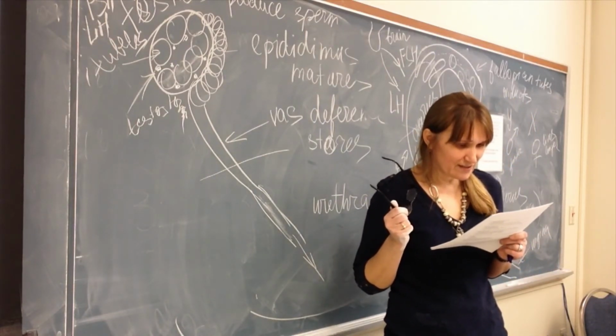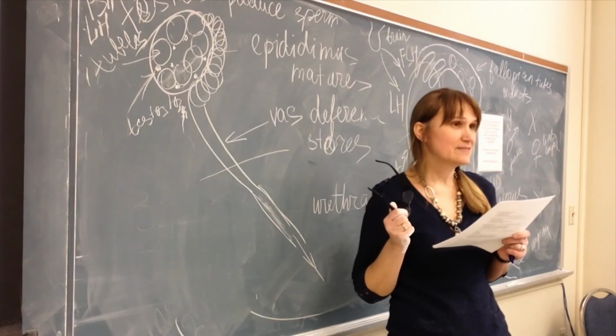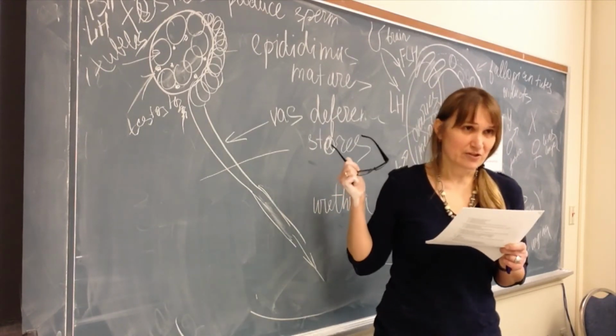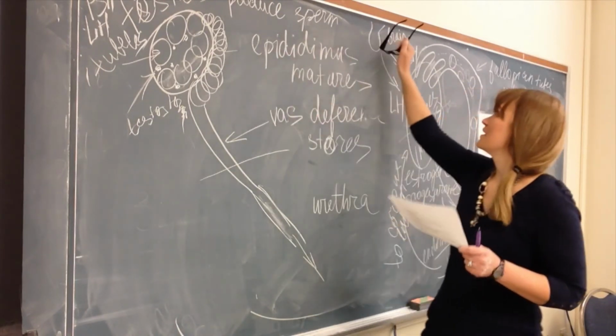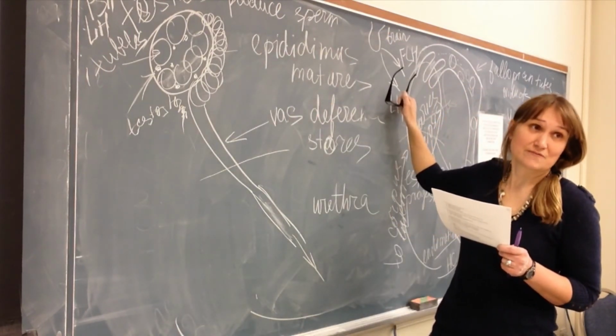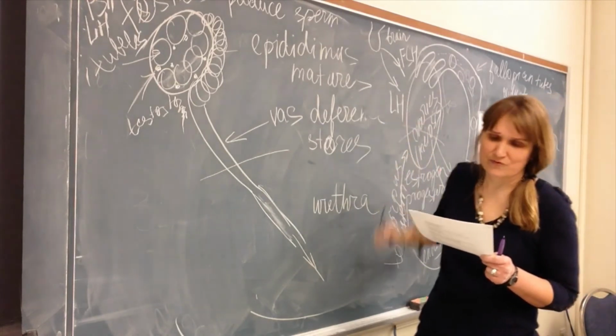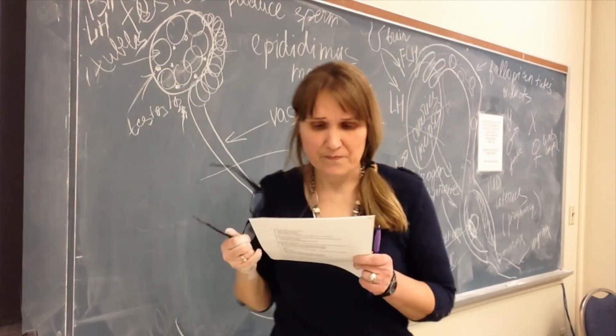Hormones that run ovarian cycle come from brain and are called follicle stimulating hormone and luteinizing hormone. They are absolutely necessary for the ovaries to develop.